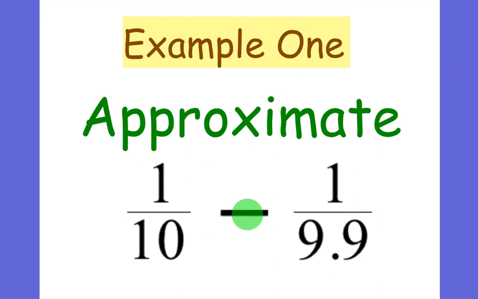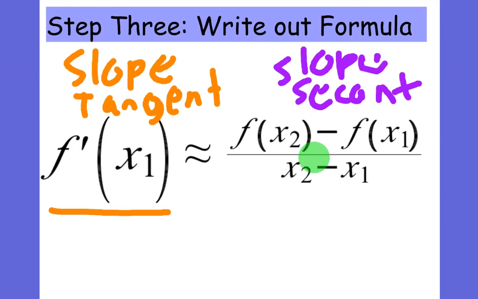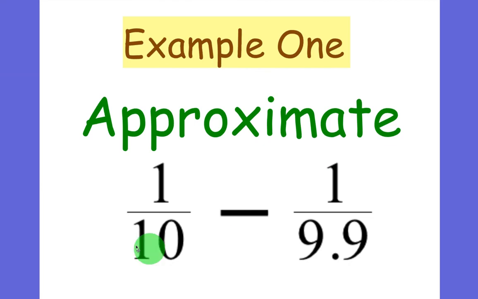Now again, going back to the formula, we can see the format of linear approximation. The slope of the secant line is approximately equal to the slope of the tangent line whenever x2 becomes really close to x1. Given that information, we can deduce that this must be our x2 and this must be our x1.